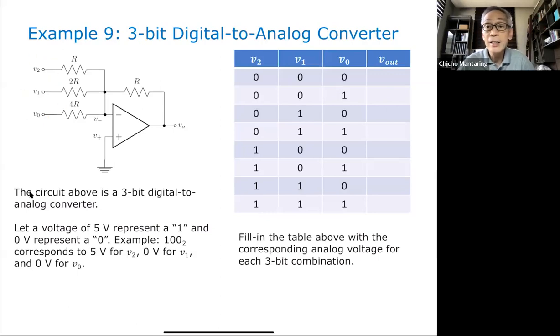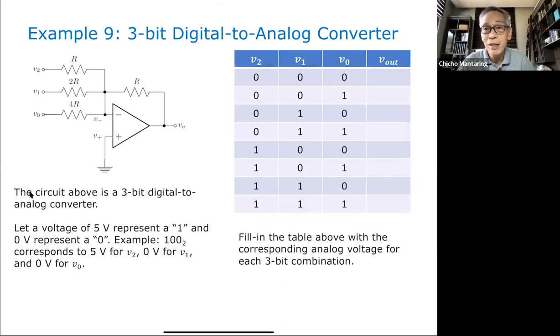are signals that represent either 1 or 0. Now, a 1 is represented by 5 volts in this particular example, and a 0 is represented by 0 volts. For example, if I wanted to represent 100, and this is base 2, I think you're all familiar with base 2.